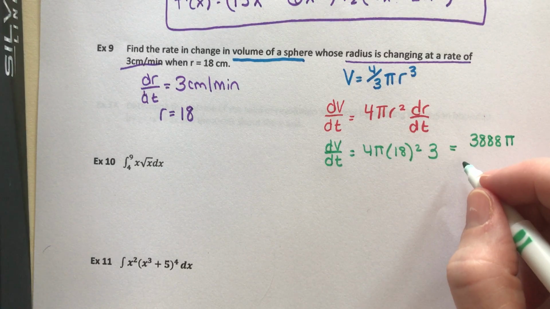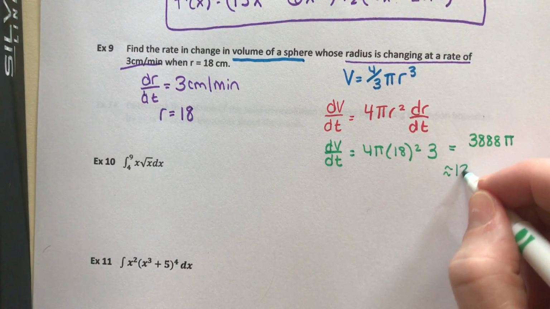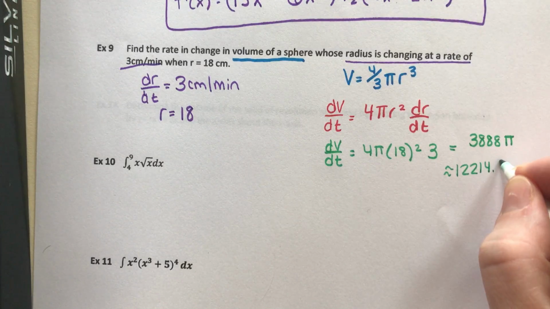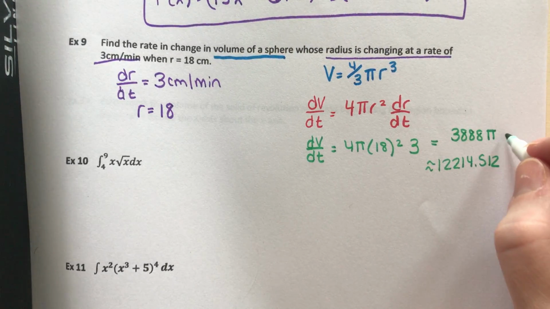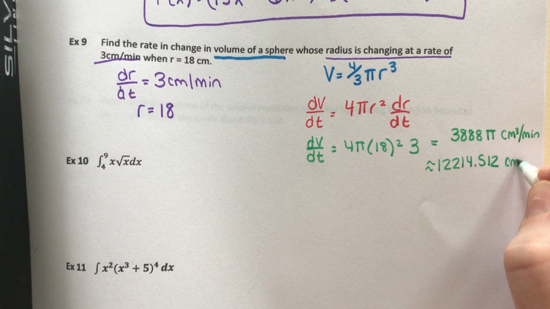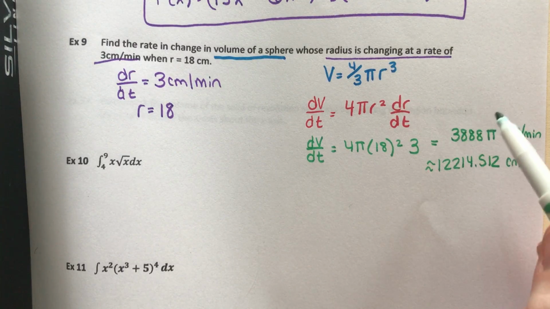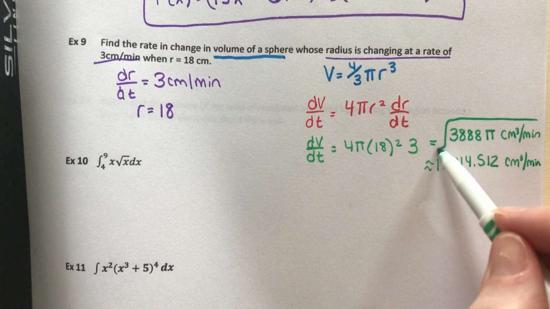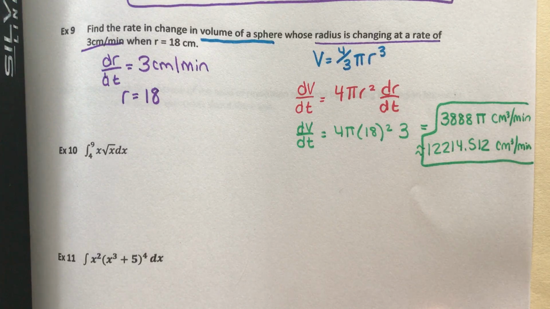And if you have the 84, you're probably going to get a decimal. So 12,214.512. And for both of these, we label them as centimeters cubed per minute. And either one of those will be fine for your answer.